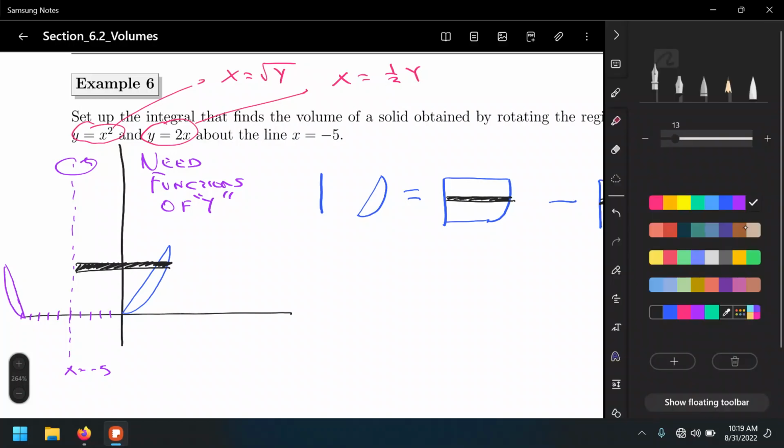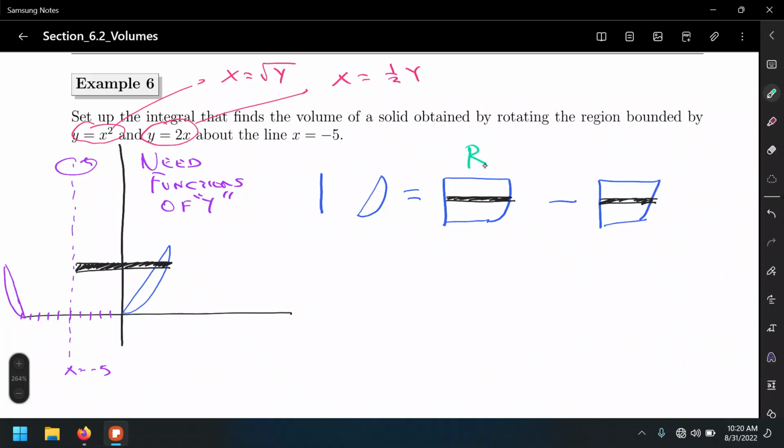all right? And so that's a big R, little r, and this is the vertical line, x equals -5, and this is x, and then x equals the root of y.